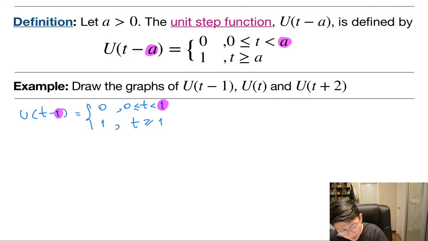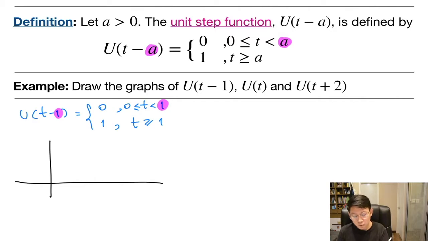So the graph of u(t minus 1) would be here. You have 1 here, and this is t, this is u. So it would be when t is 1, 2, 3, the graph would look pretty much like this. It will be 0 until this point, and it goes to 1.